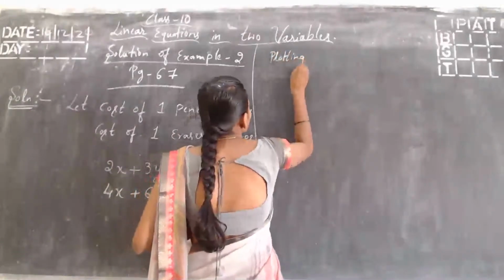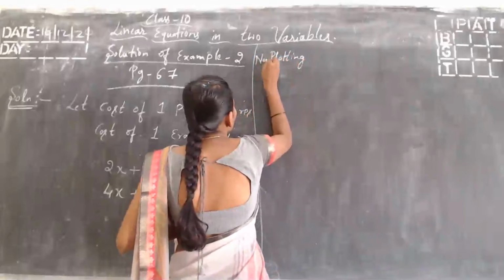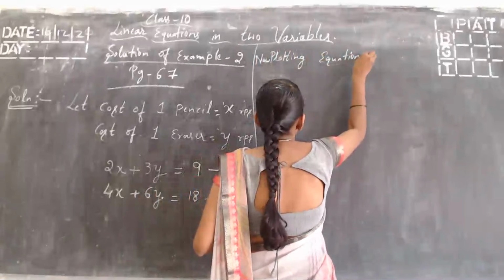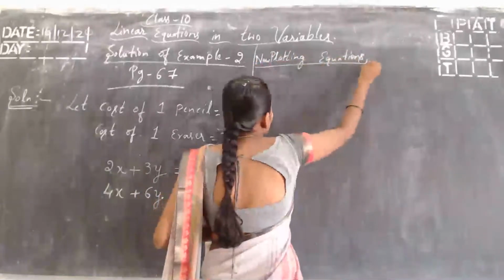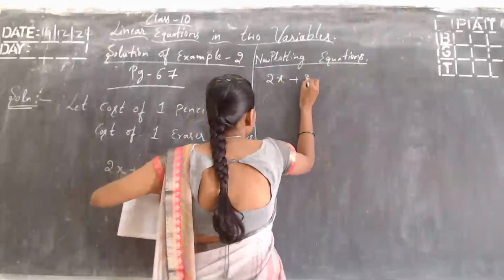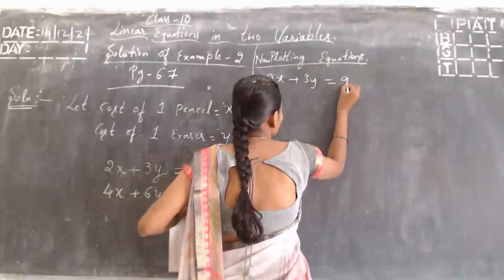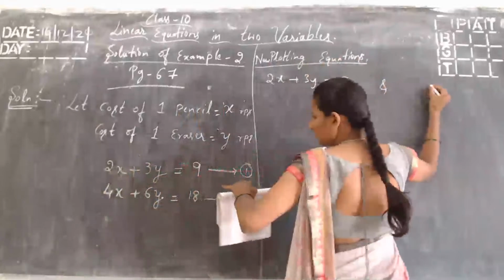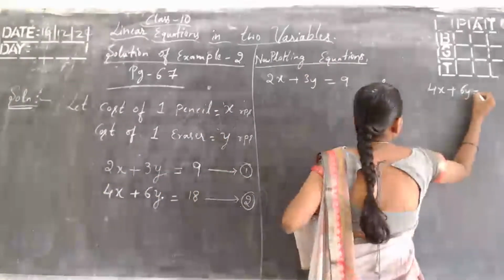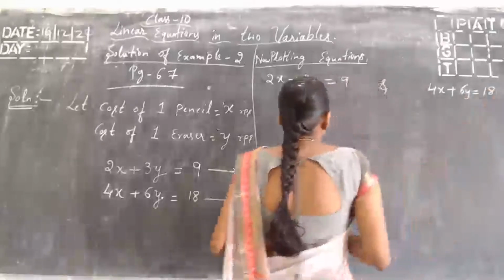Write it as plotting equations, because we need a graph. Without solutions we can't draw the graph. Take this first equation, 2x plus 3y is equal to 9, and the other equation is 4x plus 6y is equal to 18.